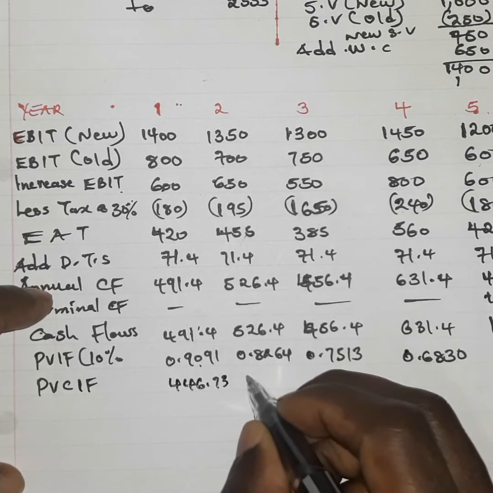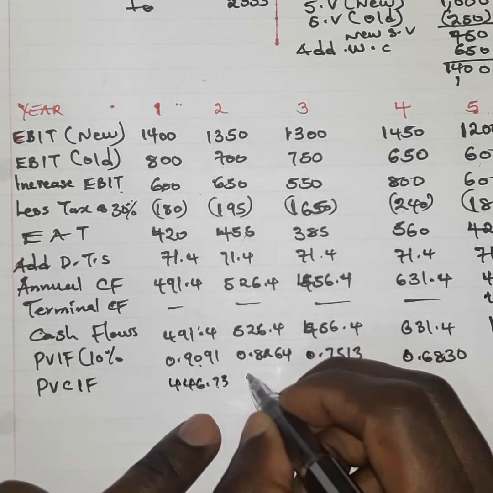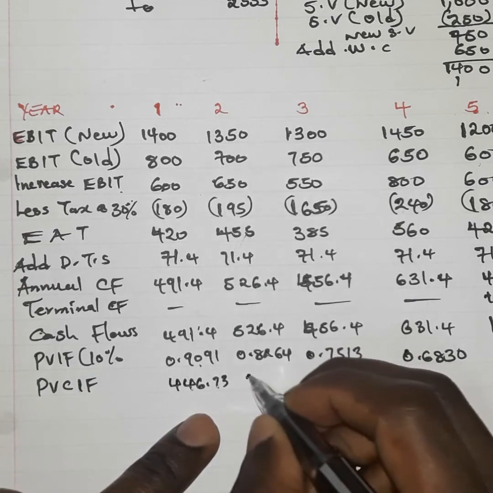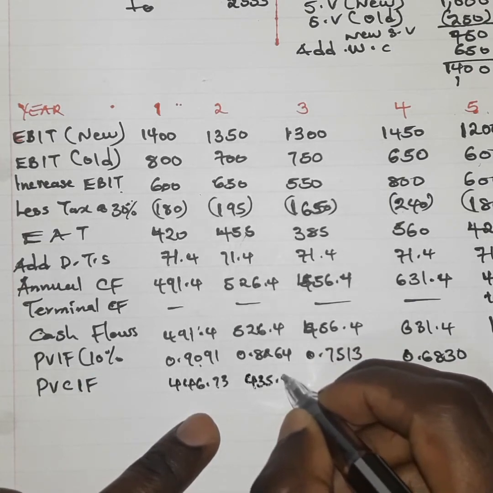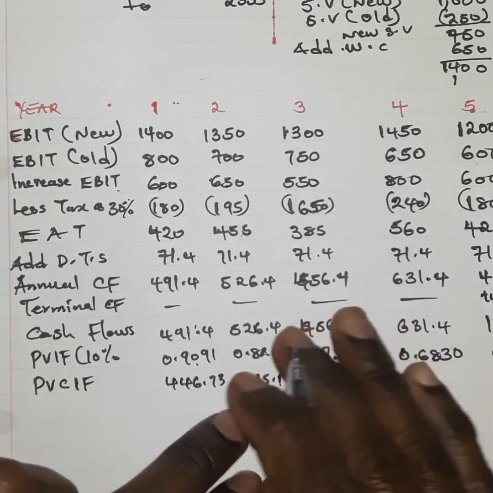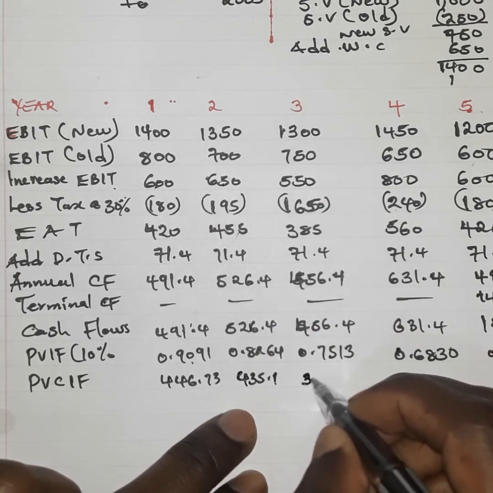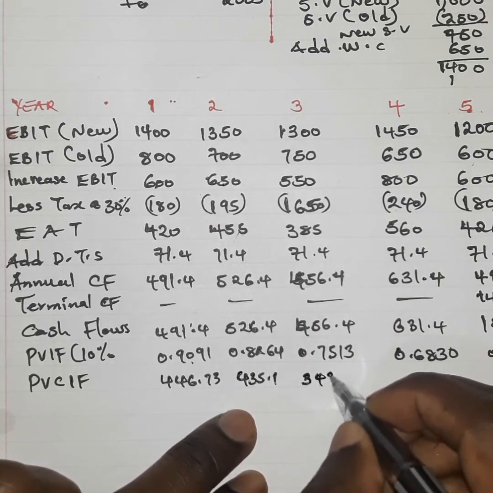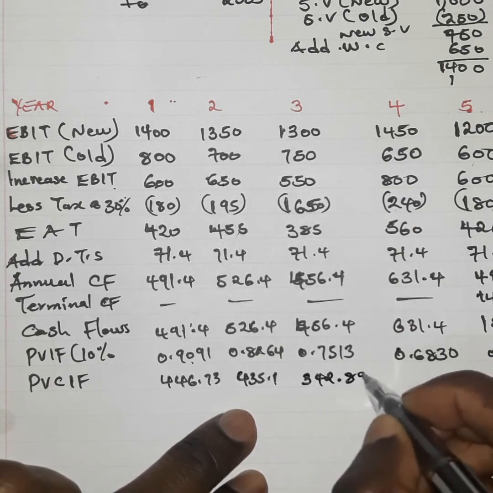Here, when you multiply these two by the discounting factor, we get a value of 435.1. Then of course for year 3 we get a value of 342.89.